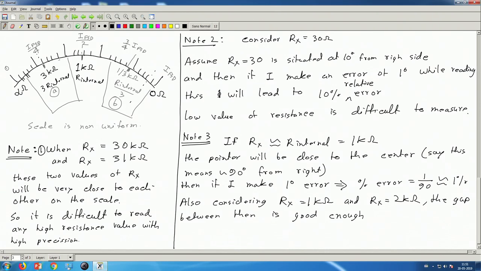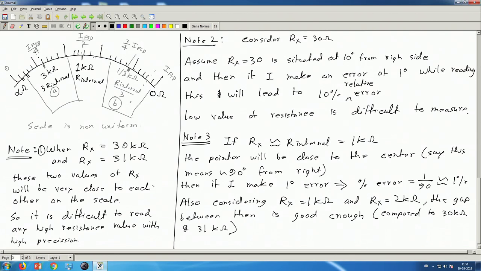So we will have a sufficient gap between 1 and 2 compared to 30 and 31 kilo ohm, which are very close to each other. So it is difficult to distinguish 30 and 31 kilo ohm, but it is easy to distinguish 1 and 2 kilo ohm.